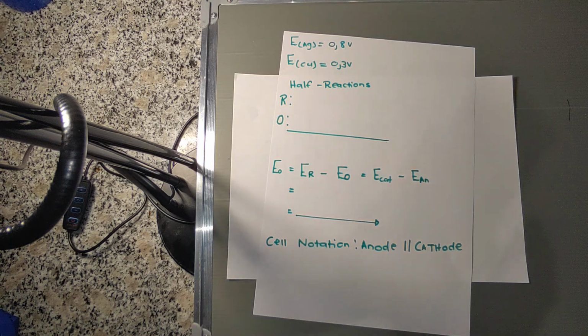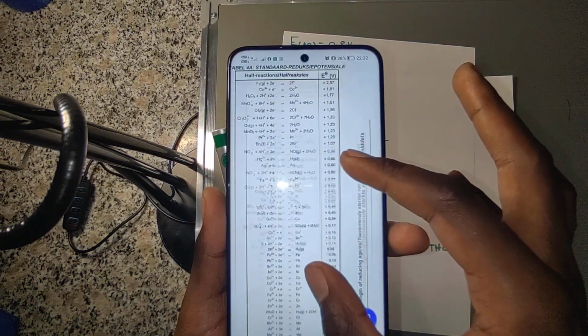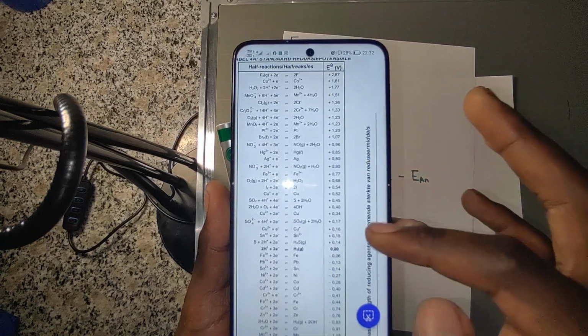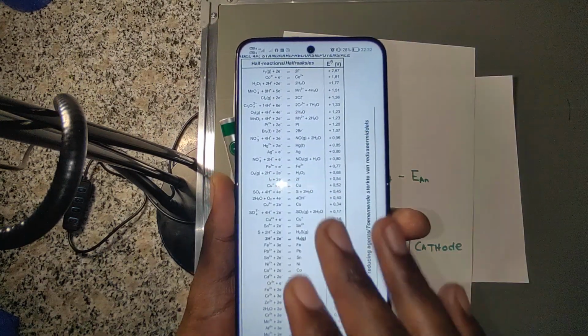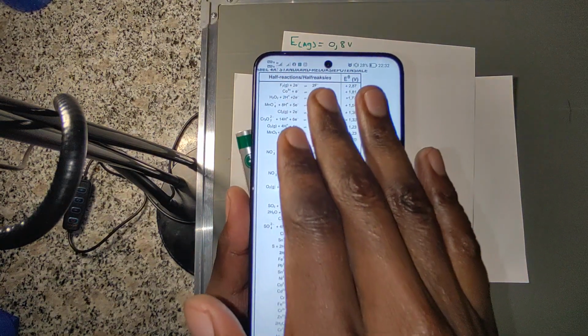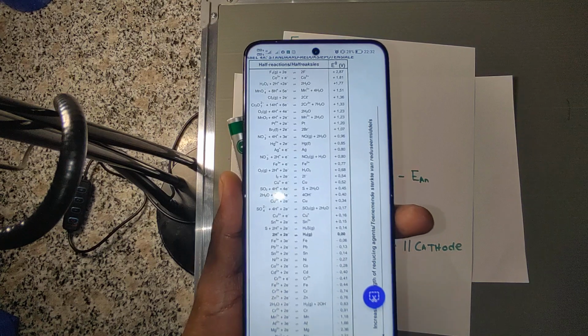So how does it look like? So the standard potential table looks like this. This is the structure of a standard potential table. There are a lot of things here. There are voltages of these elements and there are reactions. So the four reactions that you see here are all reduction half reactions.